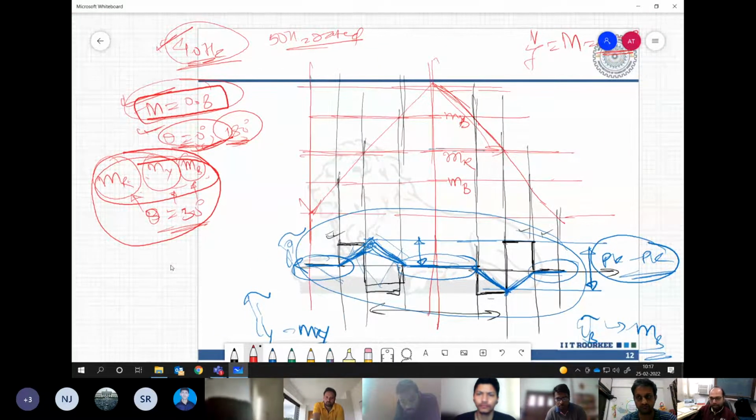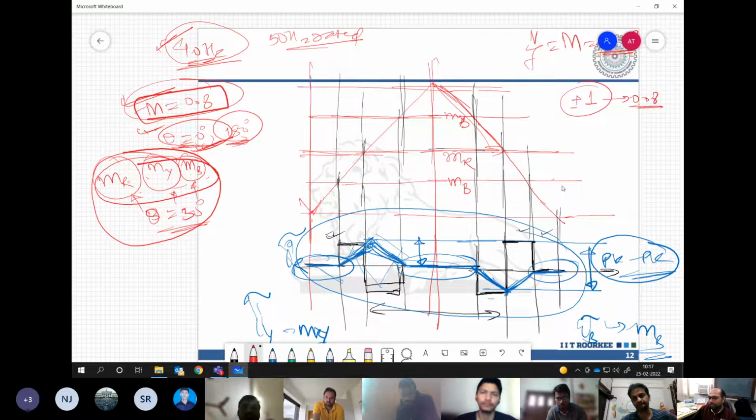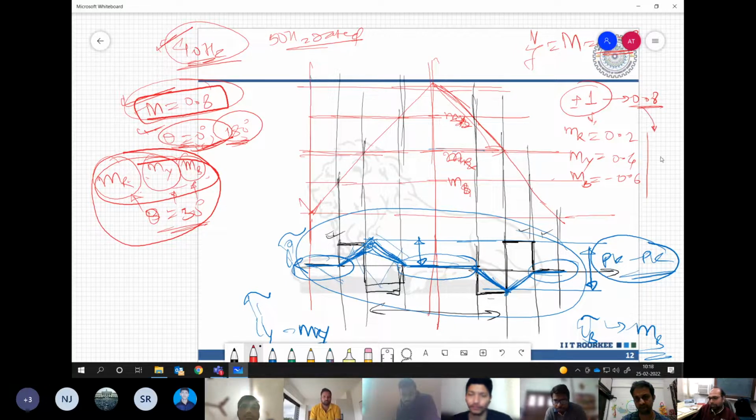See, if we are blindly having the carrier peak between plus minus 1 and we have changed it to 0.8, whatever values we had, say MR, MY, MB, as per plus minus 1, say 0.2, 0.4 and minus 0.6, right? Now this is effectively scaled up by the ratio 1 by 0.8, so 1.25 times.